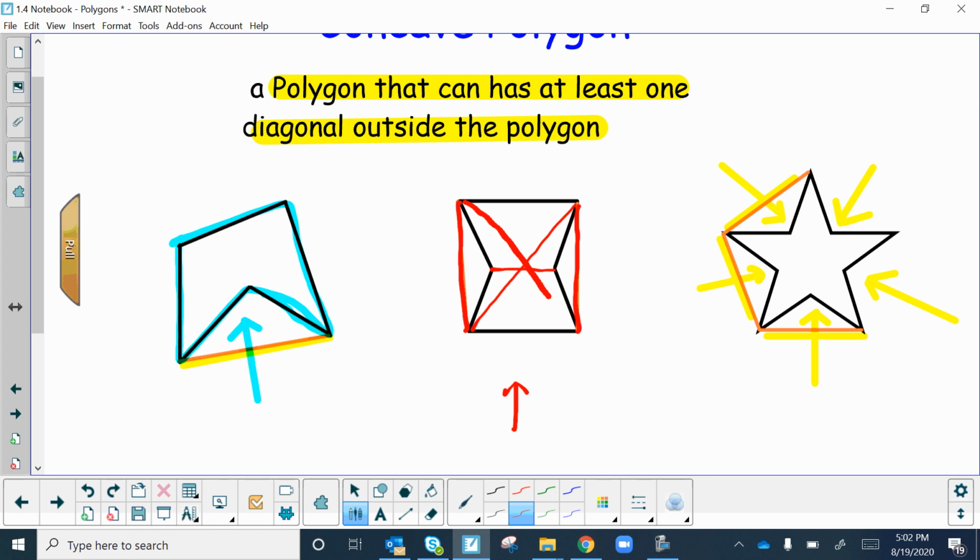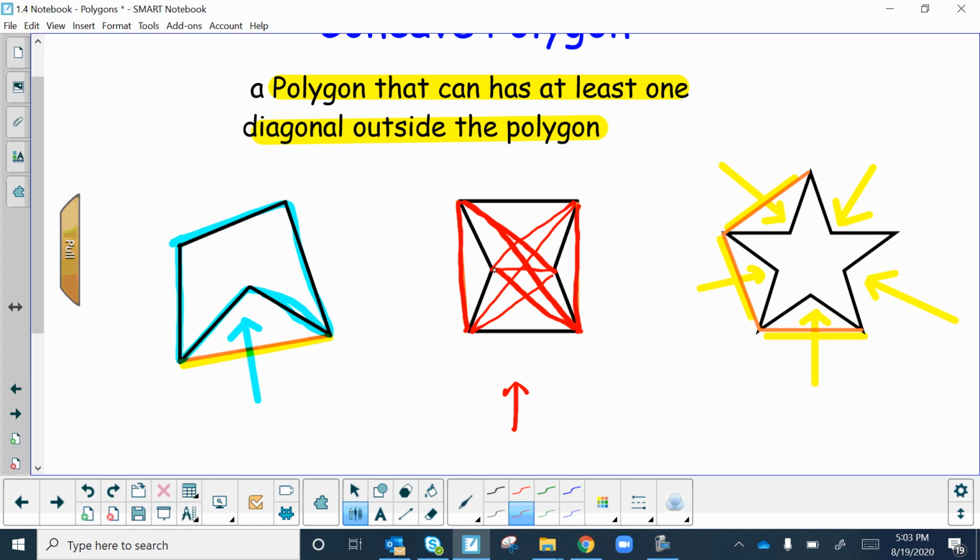We have one here. We have this one here, this one there, that one there. Let me make sure I got all of them. Yeah, so those are all the diagonals there. So they exist inside and outside of the polygon.